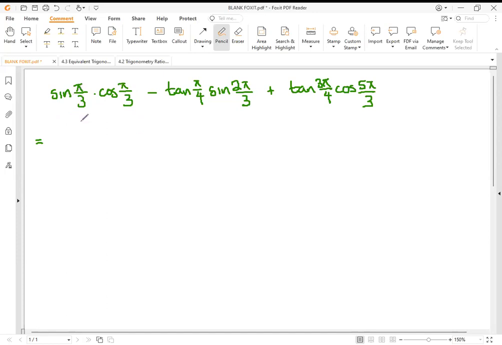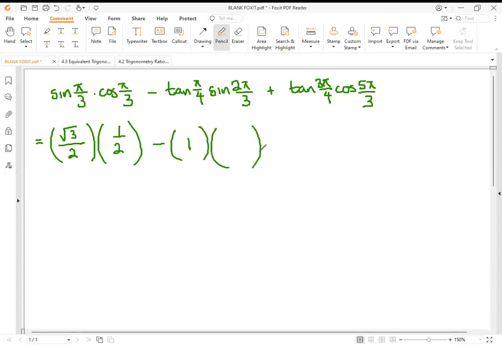Sine of pi over 3 is root 3 over 2, multiplied by cosine of pi over 3, which is 1 over 2, minus tangent of pi over 4, which is 1, and then sine of 2 pi over 3. The related angle is pi over 3, quadrant 2, so it's positive.